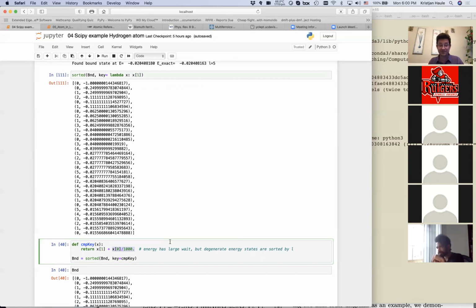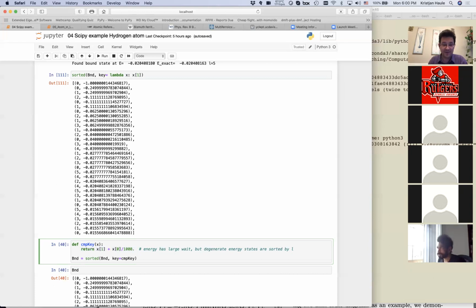Okay, so once more, if I know that the total energies differ by less than 10 to the minus 3, then I can add to the energy the L quantum number divided by some large number, for which I know that the energies have precision on that digit. And then this will return me a floating point number for each entry. And if I sort these entries, then the total energies will be sorted the way I want. Okay, it's understandable.